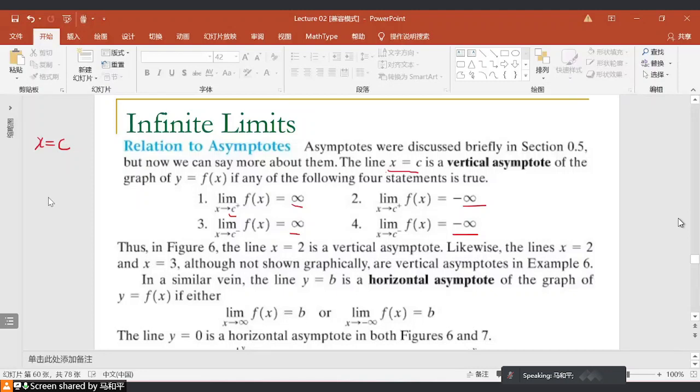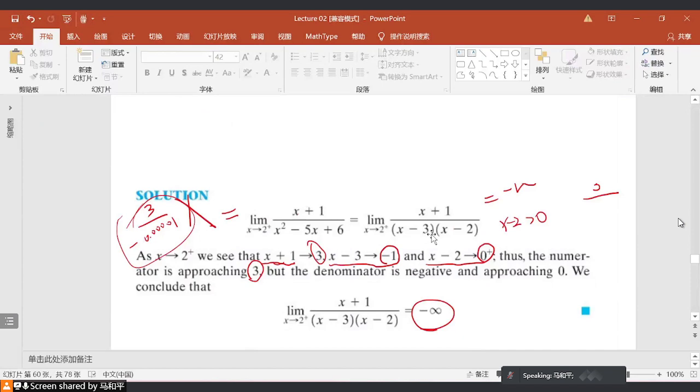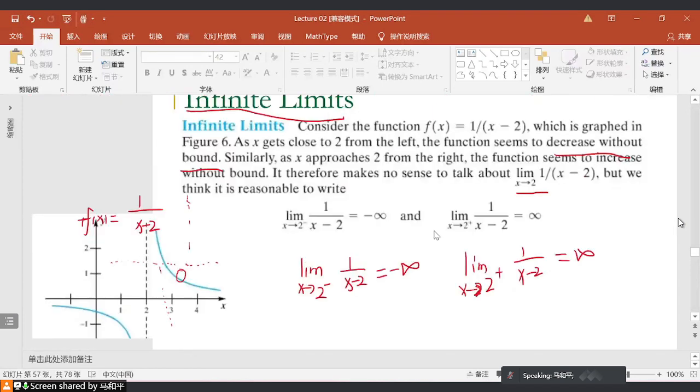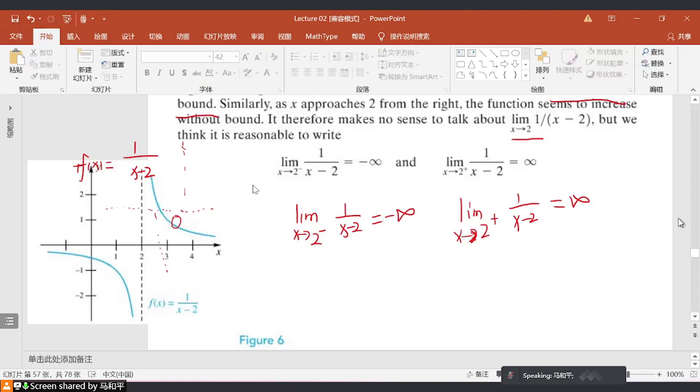Okay, now x = c, in figure 6. In figure 6, we find as x approaches c from the left, this is negative infinity or infinity. Here x is 2, a vertical line.